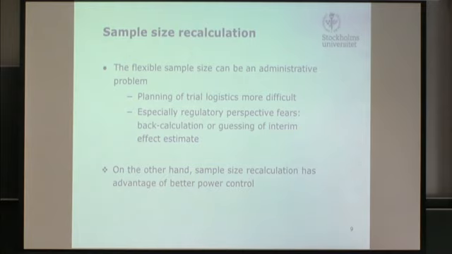People are used when running trials that they plan and pre-plan how many patients in which sites to recruit, and if you can only tell we have some limits here in the sample size between this and this value, then it makes it much more difficult for the people conducting the trial.